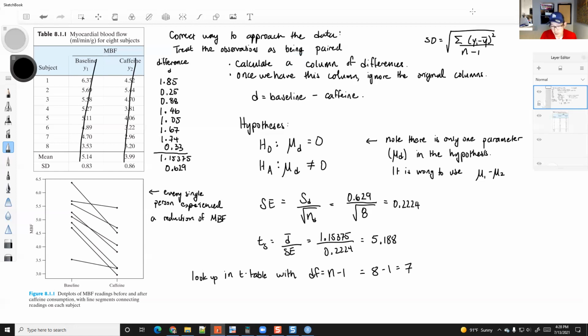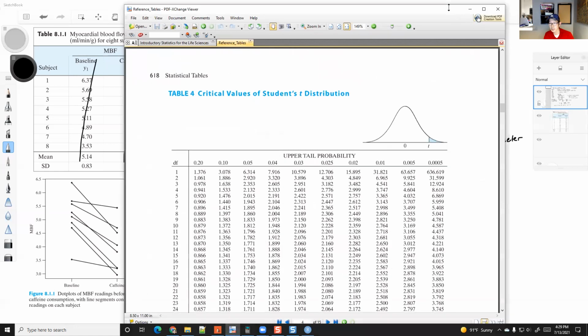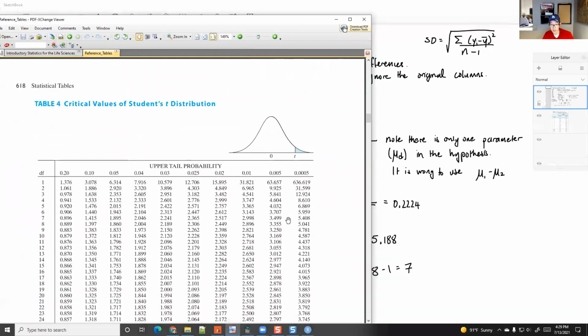Okay, so that's the key. We're going to ignore these two original columns, and we're going to treat it as if we only have one column of values. So we only have 7 degrees of freedom. I'm going to look up this test statistic, in our case, 5.188. All right. And so now my tail area is between 0.005 and 0.0005.